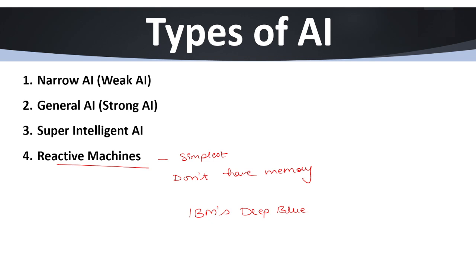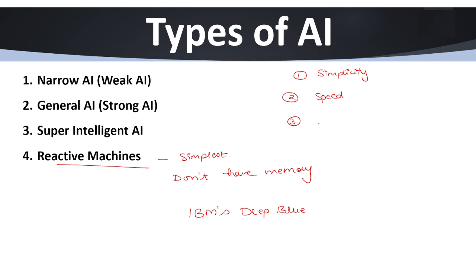All right. Some most important positives of reactive machines include, first is its simplicity. Another is its speed, because they respond only to current inputs without needing to process past data. So reactive machines can make decisions quickly, which is crucial in time sensitive scenarios.